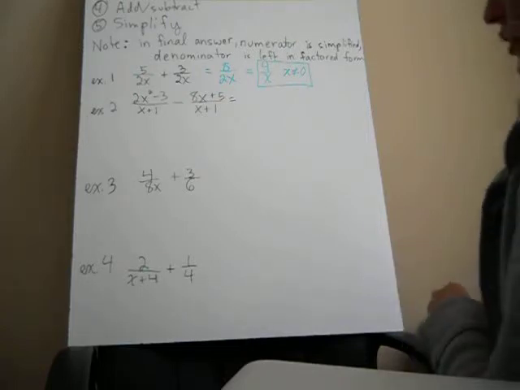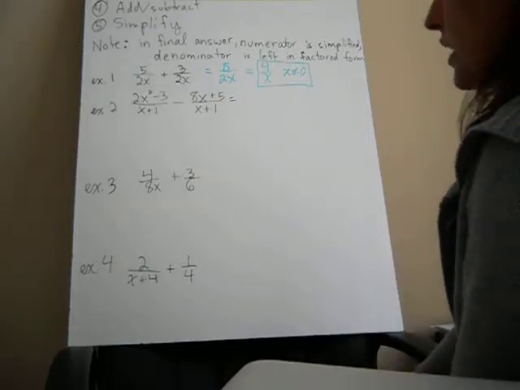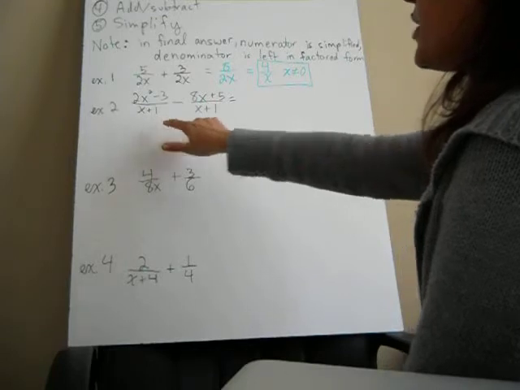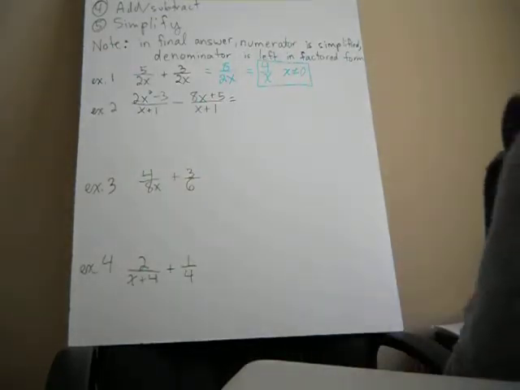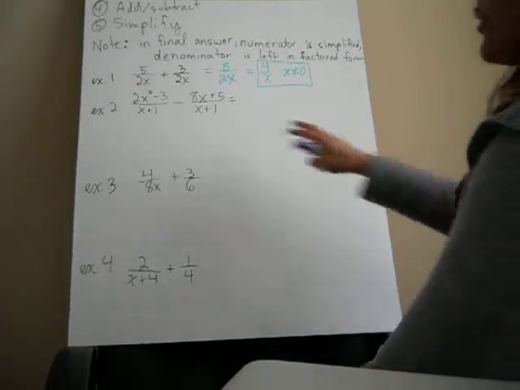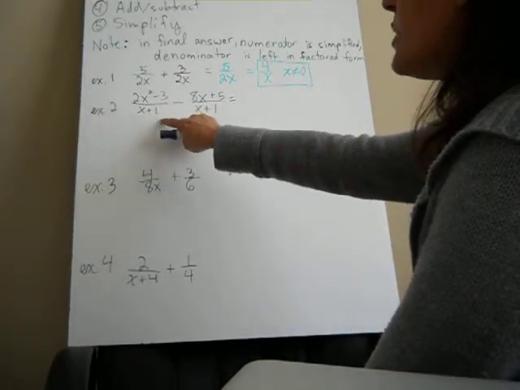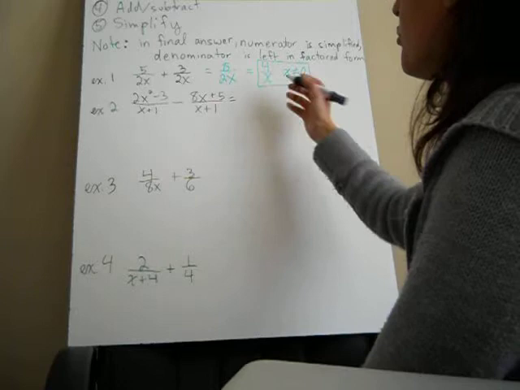Example 2 is a little more complicated. It does already have a common denominator, so thank goodness we don't even have to worry about that. But even though it has a common denominator, what that means is, because it's a common denominator, you can unite this as one fraction.